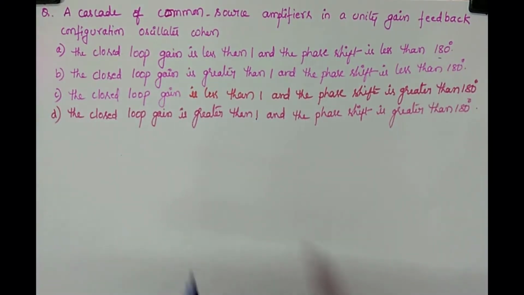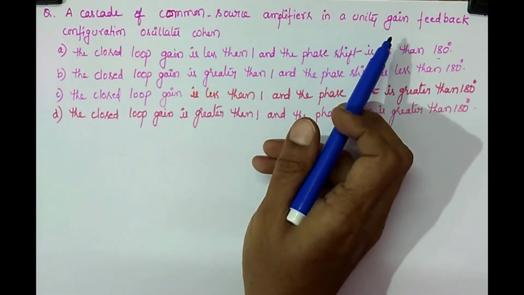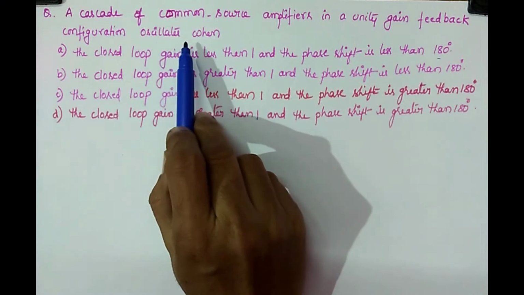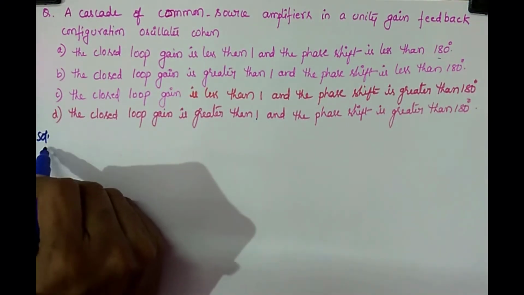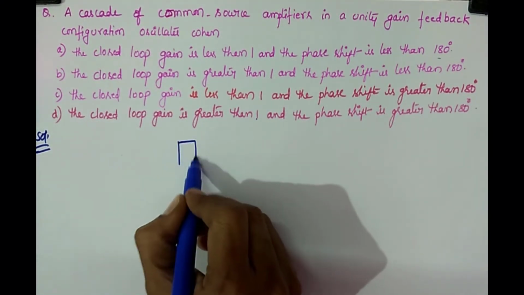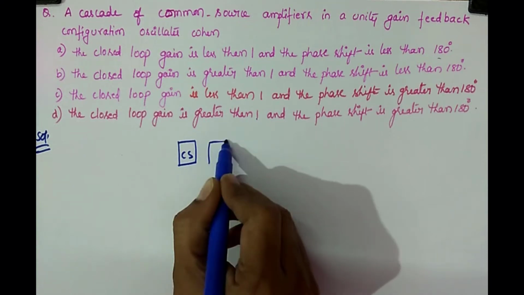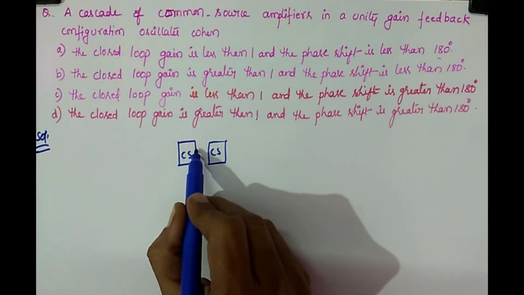If you observe the question, a cascade of common source amplifiers in a unity gain feedback configuration oscillates when. So what do we have? We have a cascade of common source amplifiers. We have two common source amplifiers like this, and these two are connected.